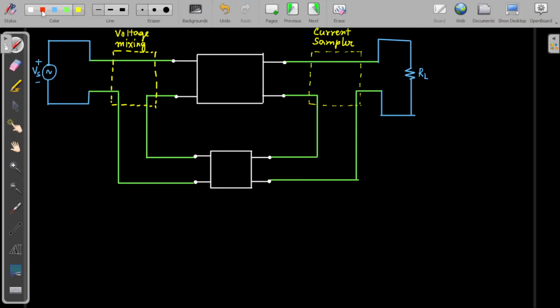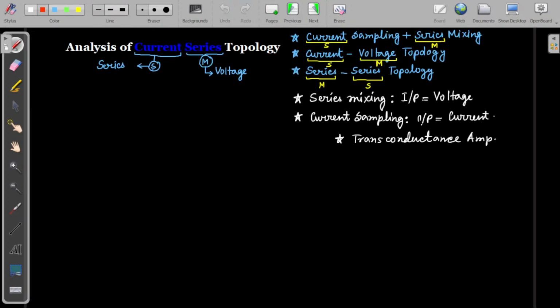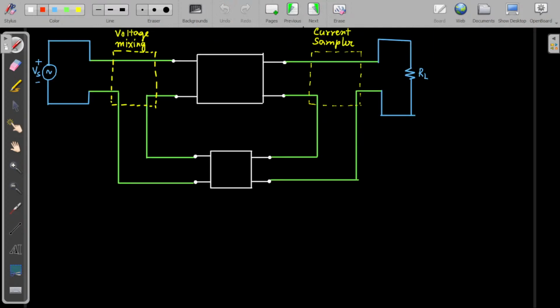अब देखिए यहाँ पे इनपुट पैरामीटर क्या है. So the input parameter we saw here is voltage, output parameter is current. So if the input parameter is voltage, let us say this is the input voltage, and output parameter क्या है, output parameter is the current I0, okay. So this is Vs. So now if this is Vs, this is Vi, so the output voltage of the feedback will be the Vf.